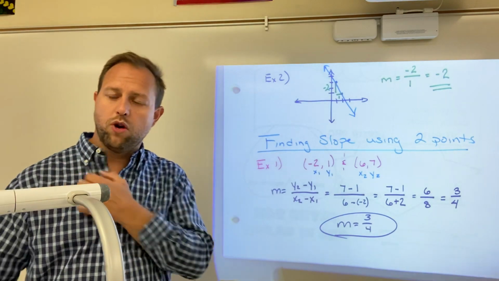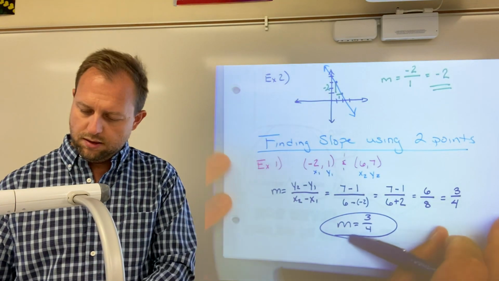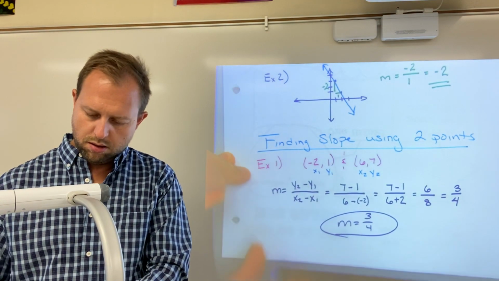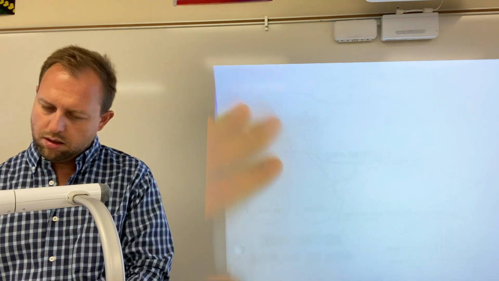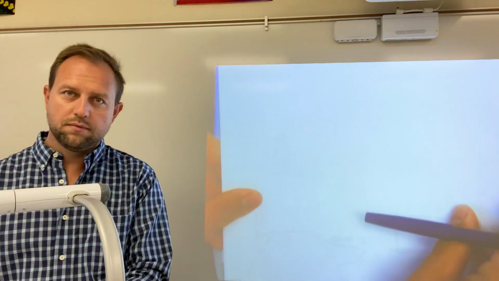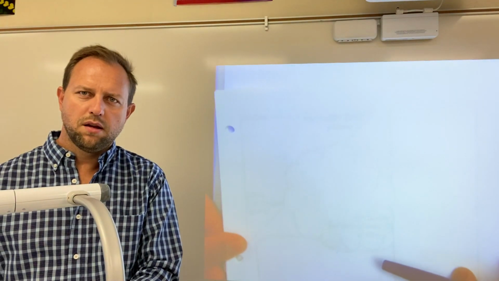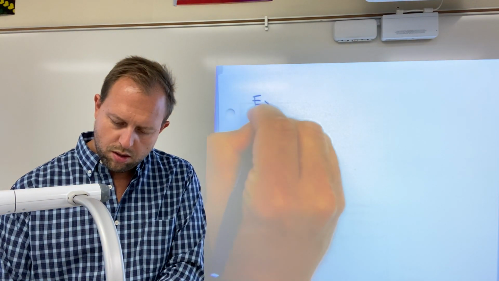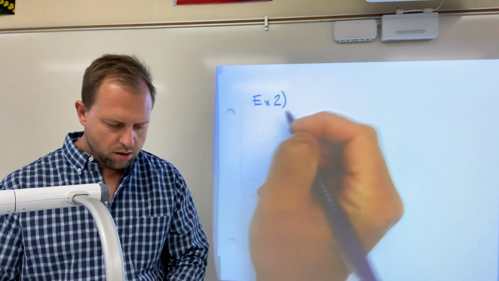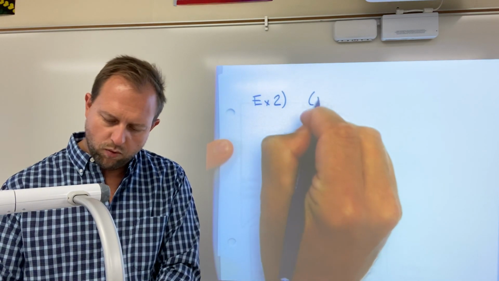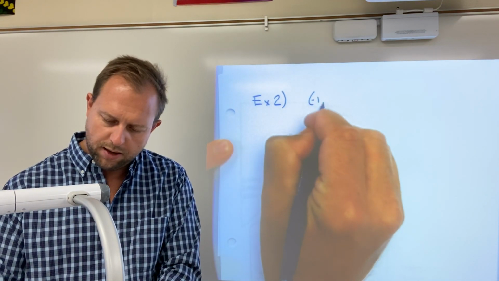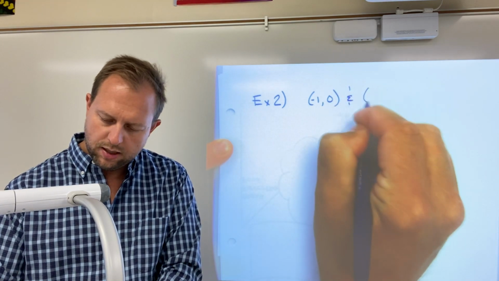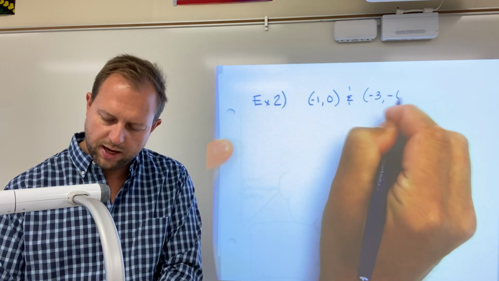Let's look at one more example of these. Okay, example 2. I have point -1, comma, 0, and I have point -3, comma, -6.